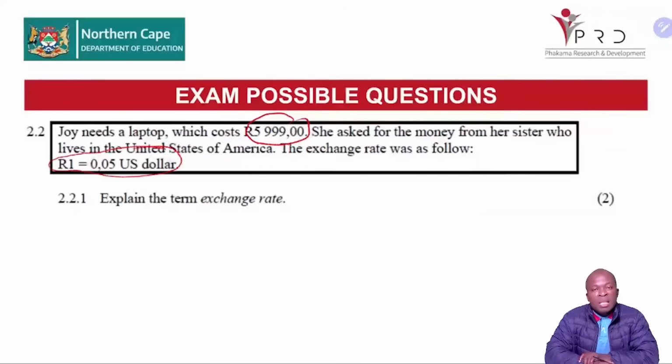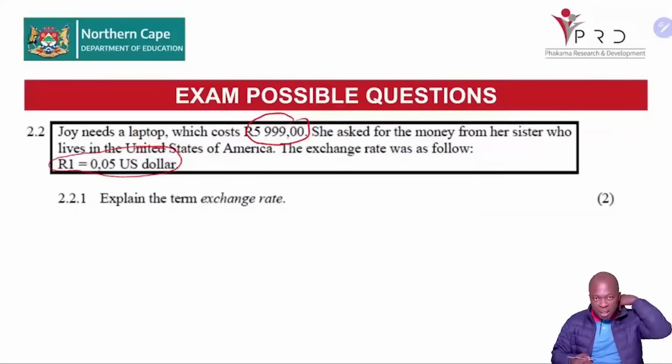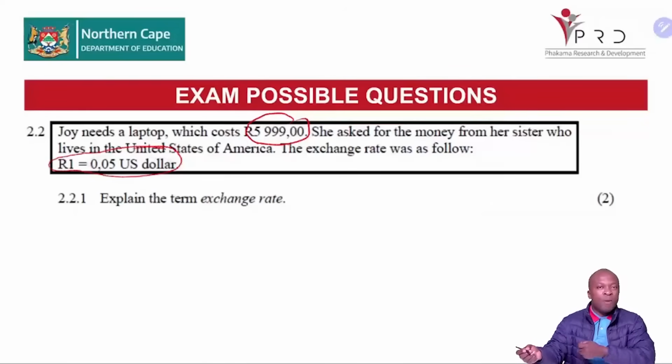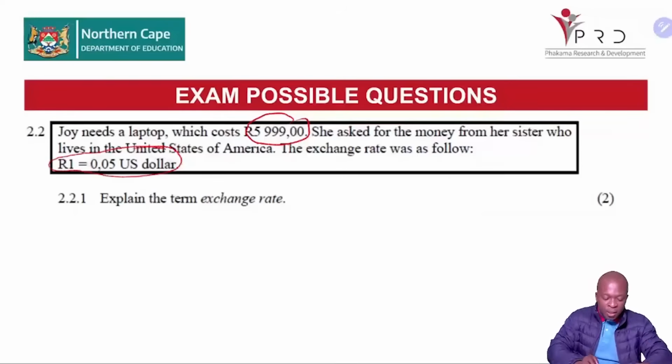So your first question is exchange rate. What is exchange rate? Exchange rate is how much money for one currency is needed to get an equivalent of another currency. So the value of one currency in relation to another currency is what you call exchange rate.